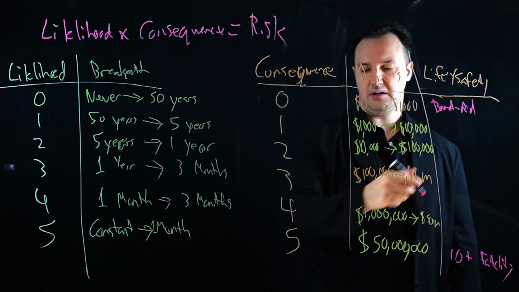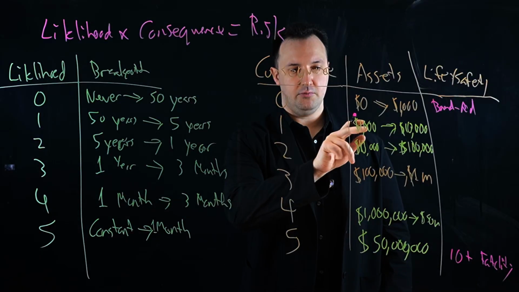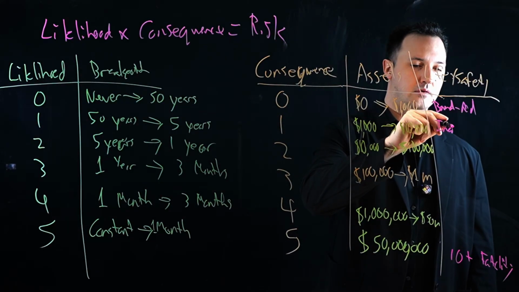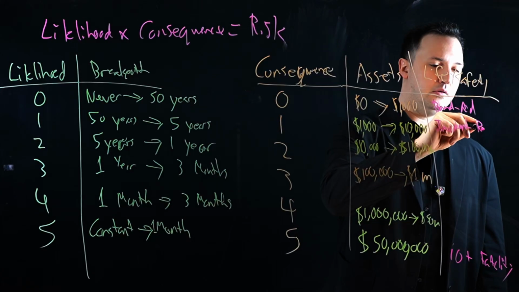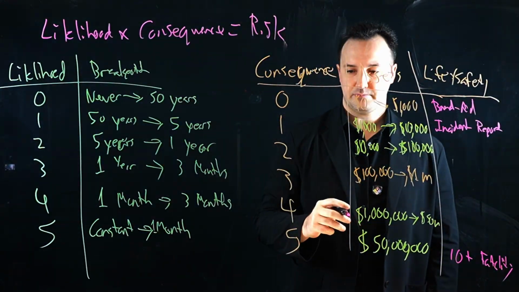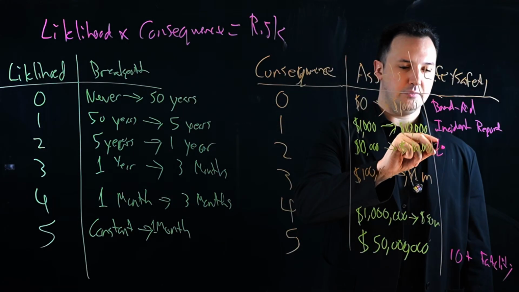So, barely anything. And somewhere in this would be lost time injuries. So a 1 would be anything where an incident report has to get filed. A 2 might be something where, yeah, sure. So this might be a lost time injury.